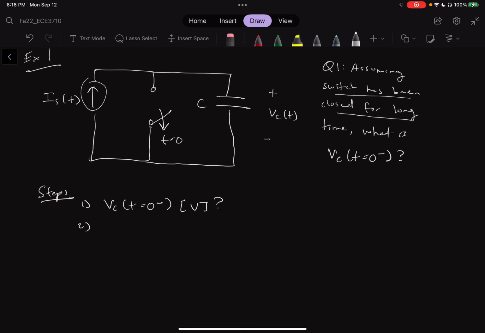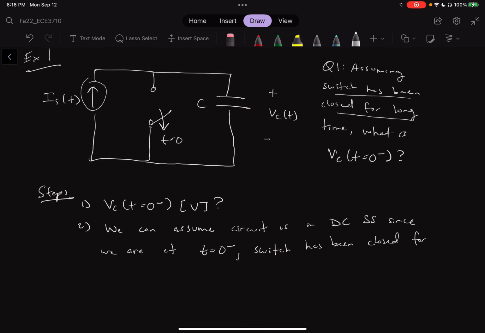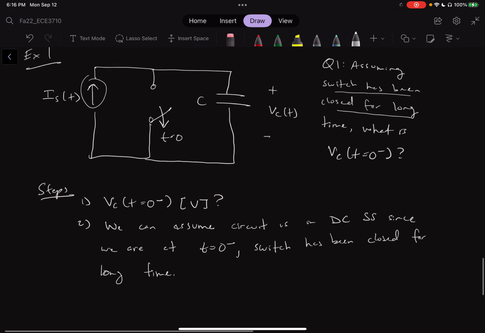The switch has been closed for a long time. Okay, so let's redraw our circuit.